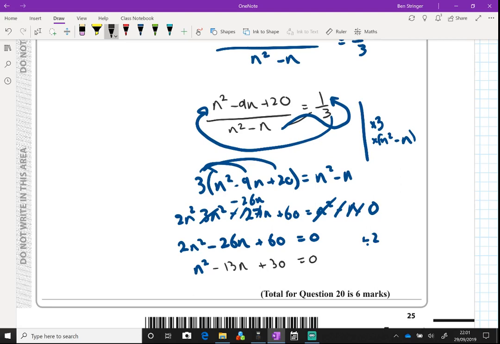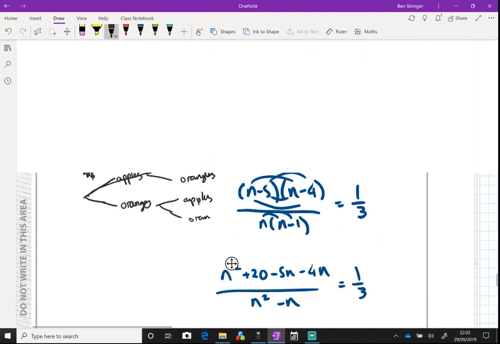Well, that's weird. Why is it giving us two answers? So remember, something times something is 0. To make this 0, n has to be 3, or to make this 0, n has to be 10, because 10 take 10 is 0, or 3 take 3 is 0. I'm not really sure which one to pick here though. Well, let's have a look at the question. Oh, that makes sense now.